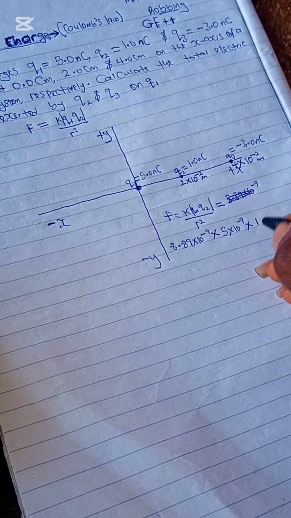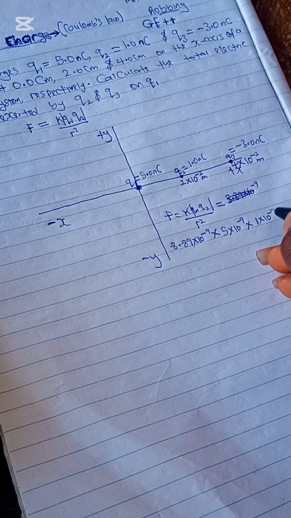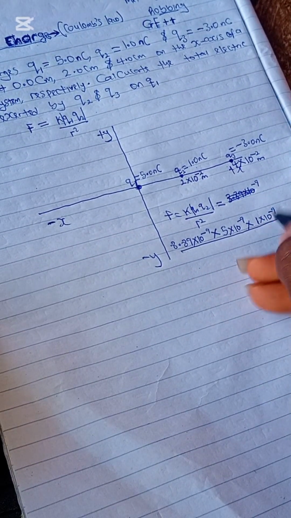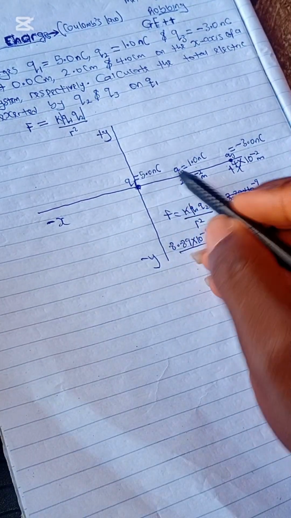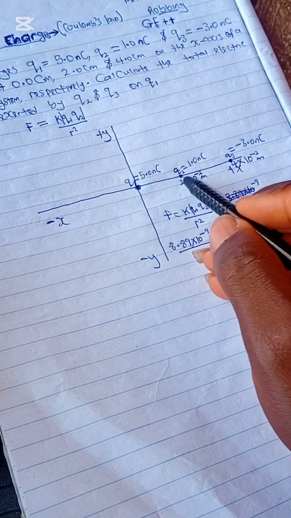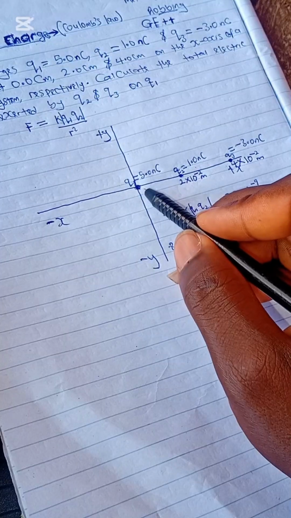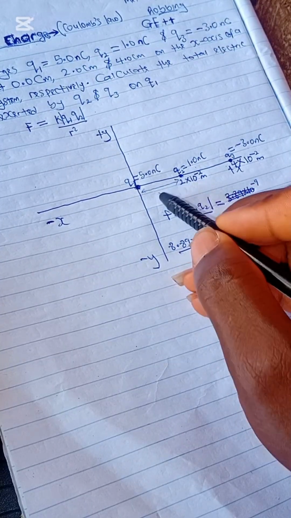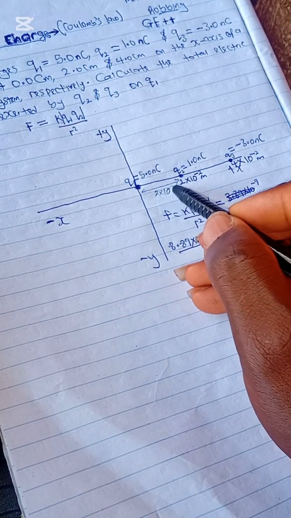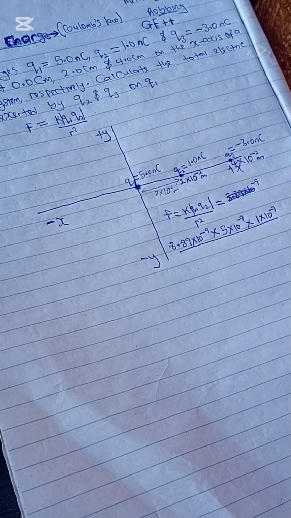1 times 10 raised to power minus 9 over R, the distance between Q1 and Q2, from the origin to 2. That means the distance is 2, from here to here, equals 2 times 10 raised to power minus 2 meter. Are we together?